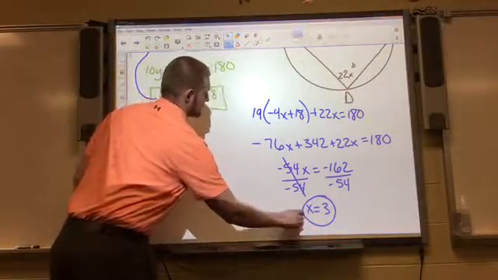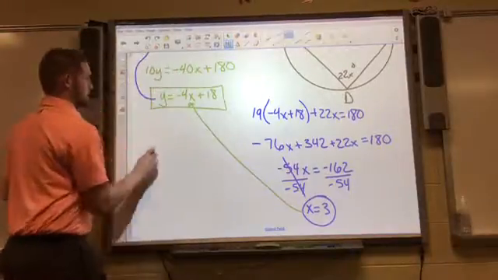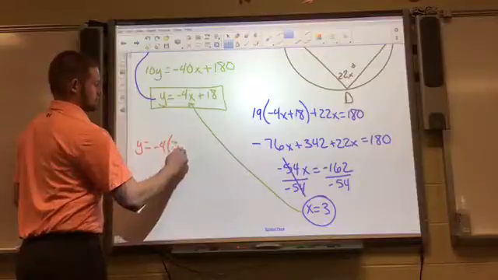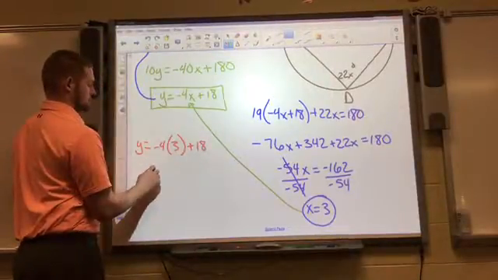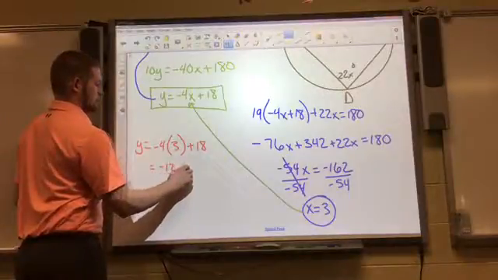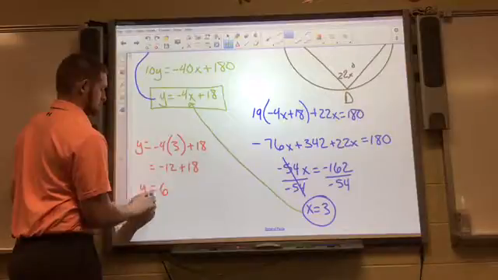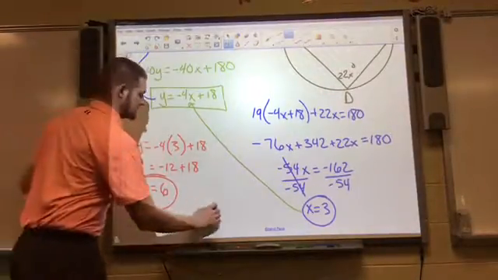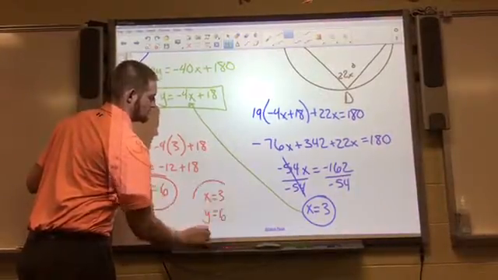So I'd plug it right in there, and we get y equals negative 4 times 3 plus 18. Negative 4 times 3 is negative 12. Plus 18 is 6. So my final answer: x equals 3, y equals 6.